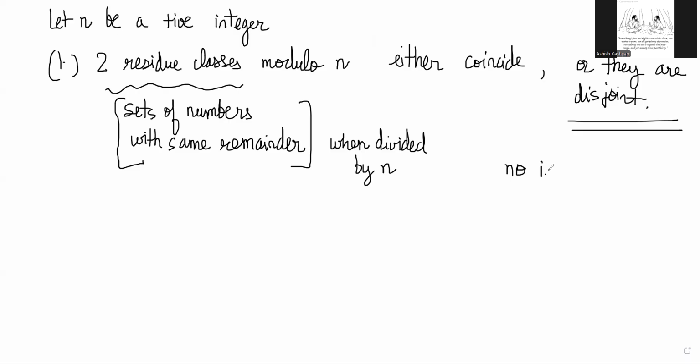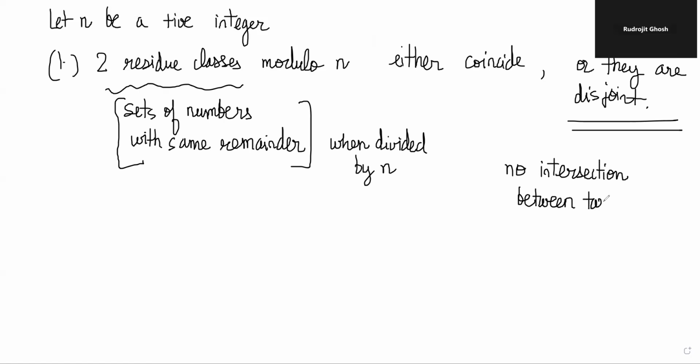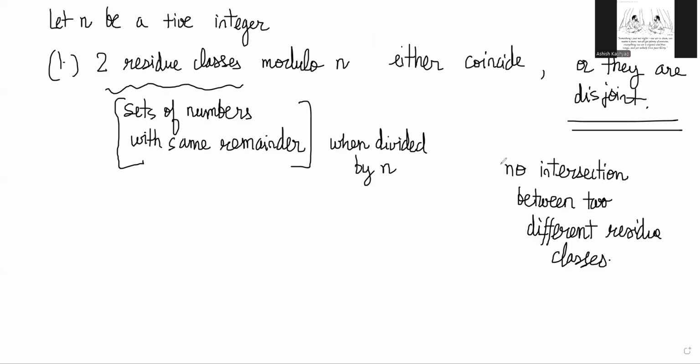There is no intersection between two residue classes, right? Is it obvious what I'm saying? If there is any element that exists in two separate residue classes, it means that those two classes are the same residue class. They will completely coincide.